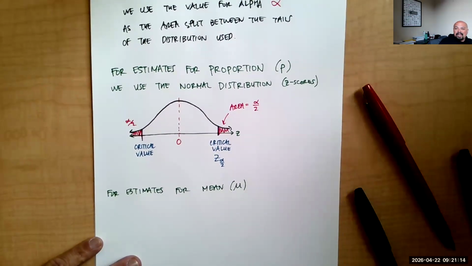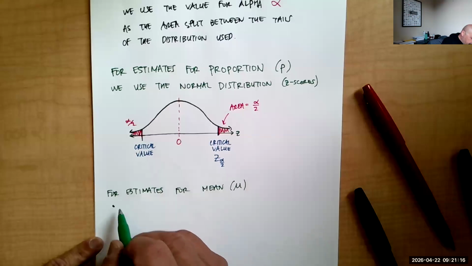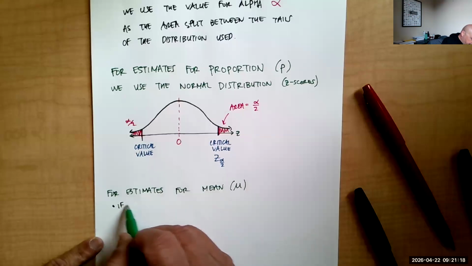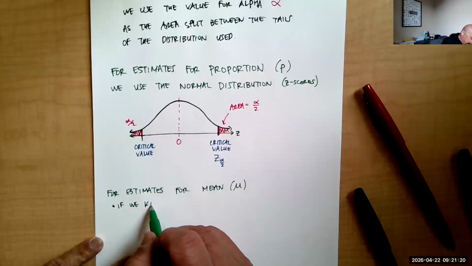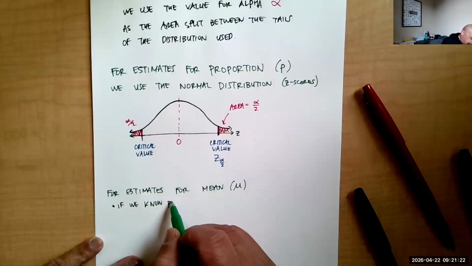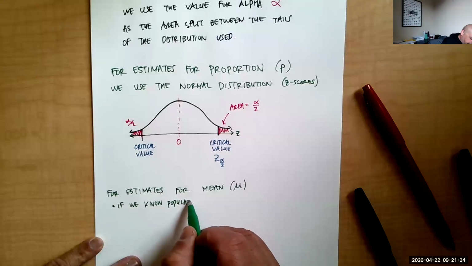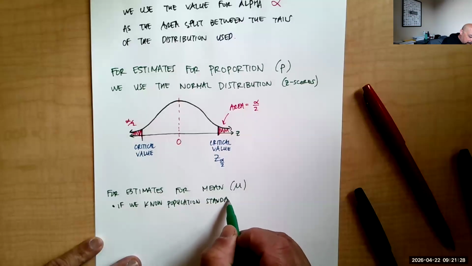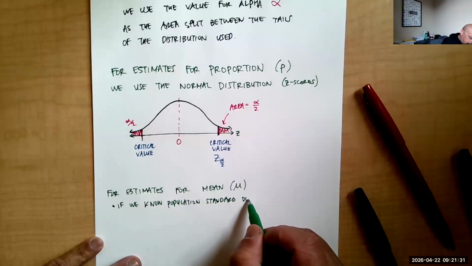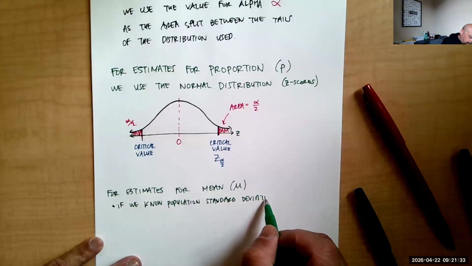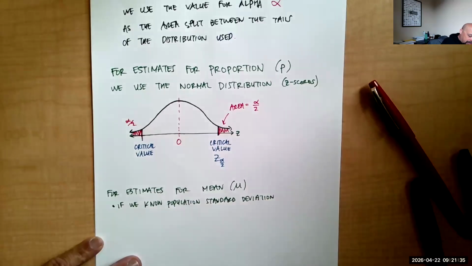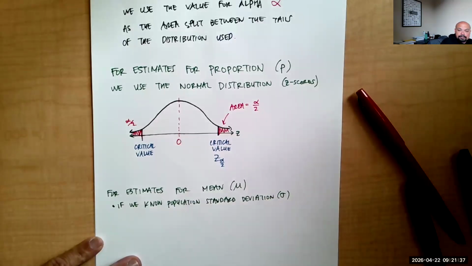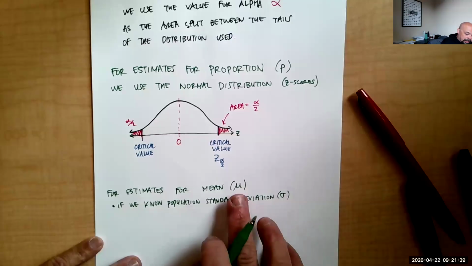okay? We kind of have two cases, very rare. If we have that population standard deviation, and usually that's presented like, okay, from a previous study, we know this value. But truthfully, how can we know the population standard deviation sigma if we don't know the mean already?